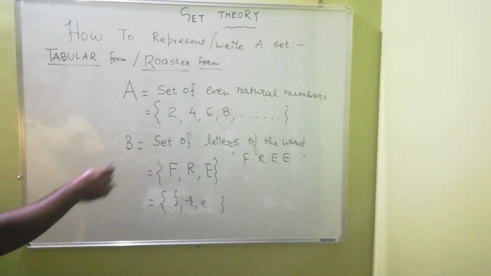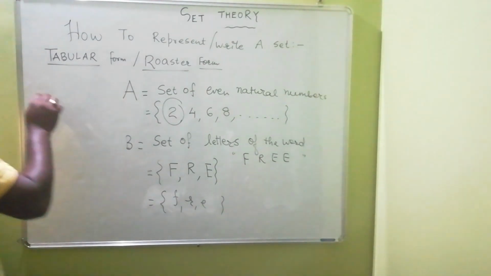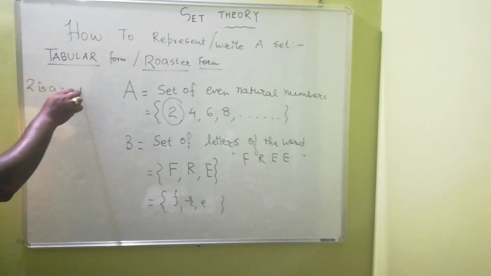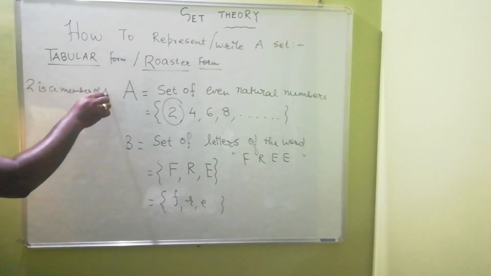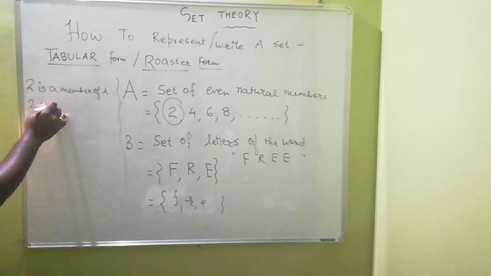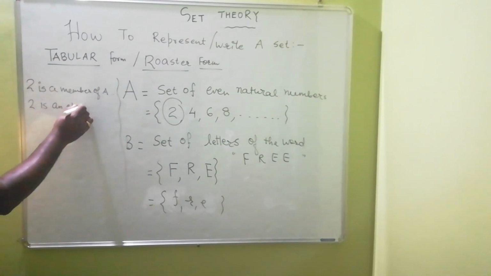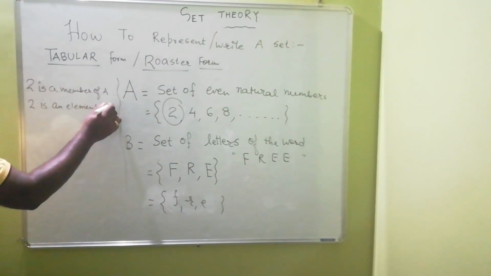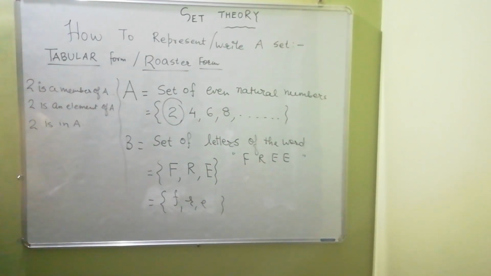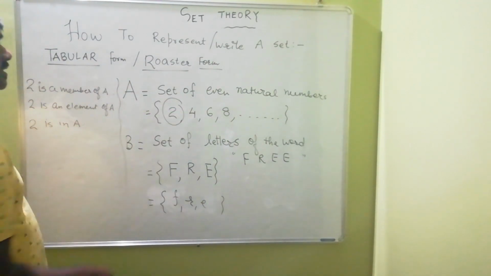Now, suppose here 2. What is 2? We can say 2 is a member of A, or we can say 2 is an element of A, or we can say 2 is in A. See, these three have the same meaning, that is 2 is inside this set.